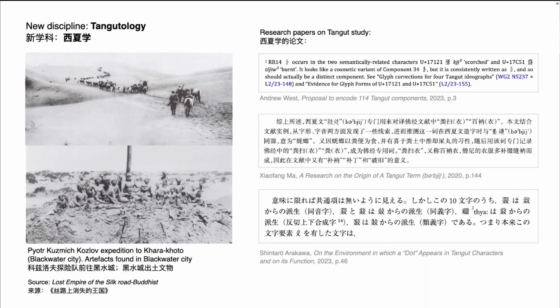During the 20th century, a large number of Tangut manuscripts and printed documents were discovered. As a result, a new discipline, Tangutology, was established, and many research publications followed, creating a need for the Tangut script to be digitalized as typefaces, mainly for academic use.